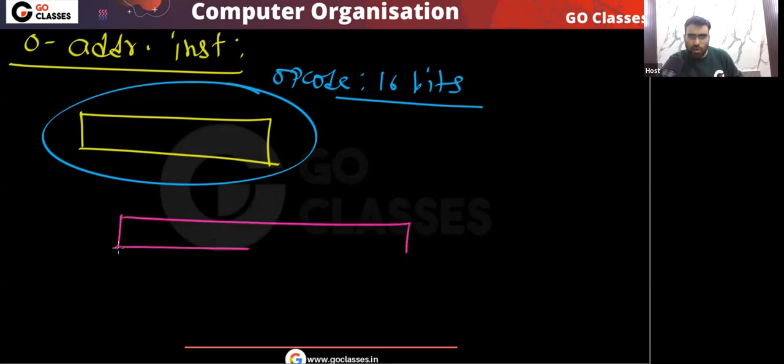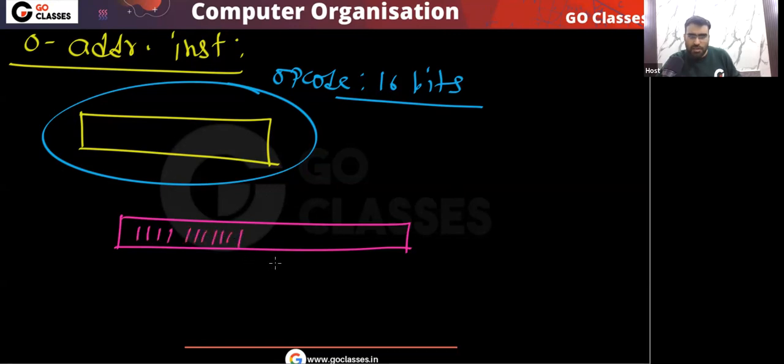There is no address, so the entire thing is the opcode. Yes or no? The entire thing is opcode, so opcode size is 16 bits. Now you can see a 16-bit opcode, right? But you already know that the first 10 bits are fixed: 1111, 11.